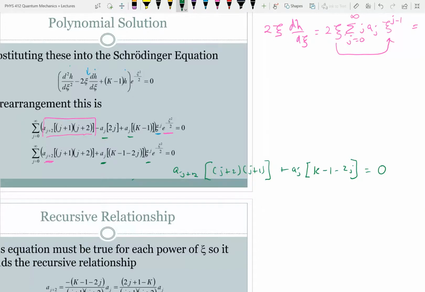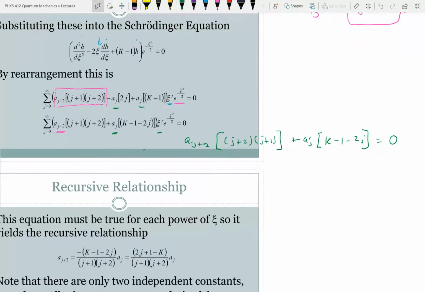And so it gives me a relationship between the a sub j and the a sub j plus 2. I can just take this, move this across to the other side.